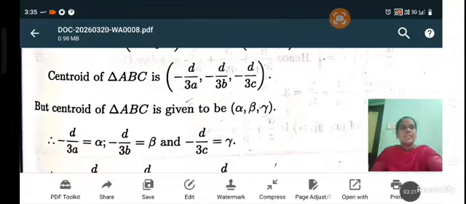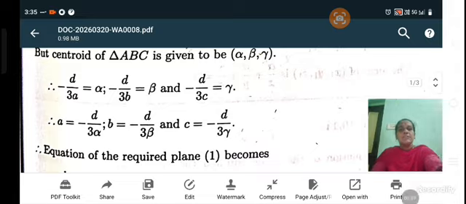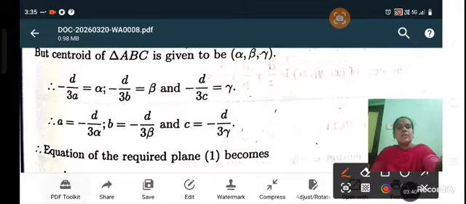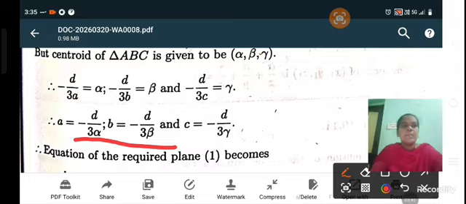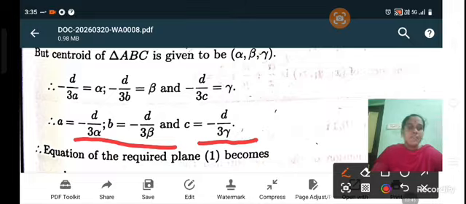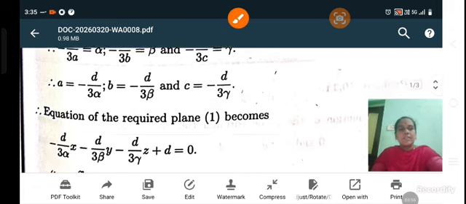Solving them, we get a is equal to -d/3alpha, b is equal to -d/3beta, and c is equal to -d/3gamma. Substituting into the plane equation, ax + by + cz + d is equal to 0.